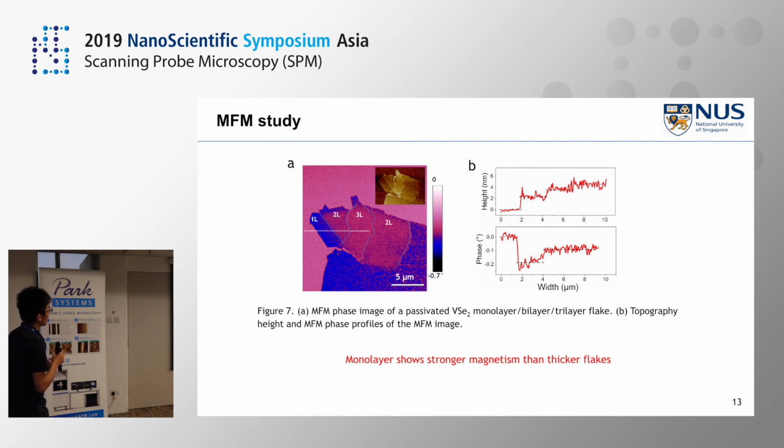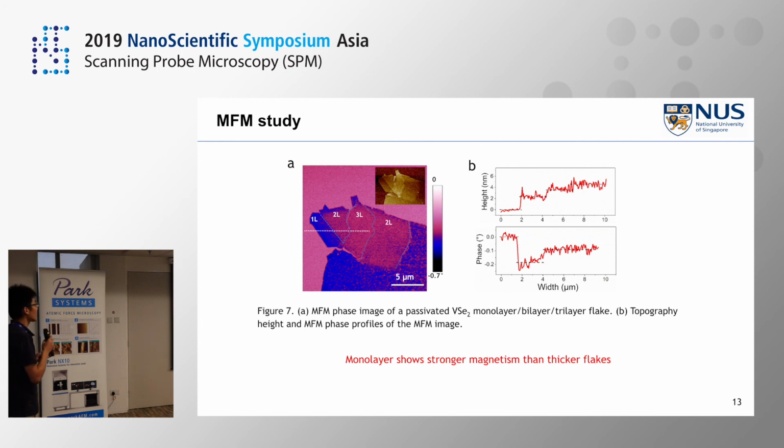Compared to the substrate, the monolayer shows a much higher phase shift than the bilayer and the trilayer. We also can see from the phase profile, the monolayer shows a higher phase shift. So it means the monolayer has higher ferromagnetic property than the bilayer and trilayer.